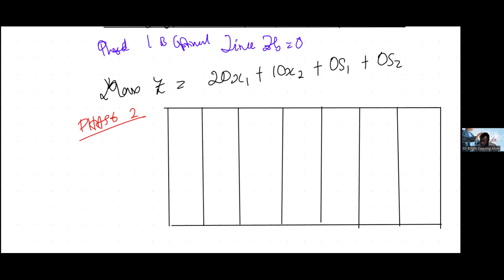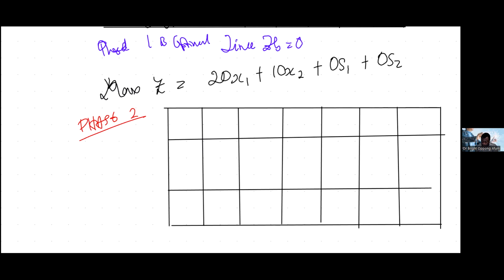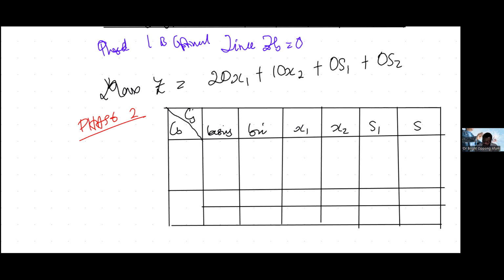So we have this and that, then this, and now we can fill this and say this is CJ, CB, this is the basis, this is the BI, X1, X2, S1, S2, ZJ.